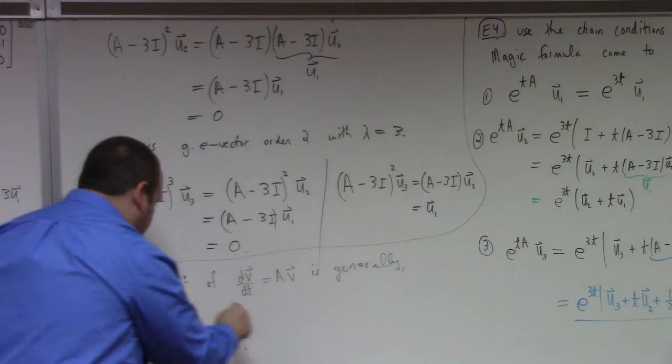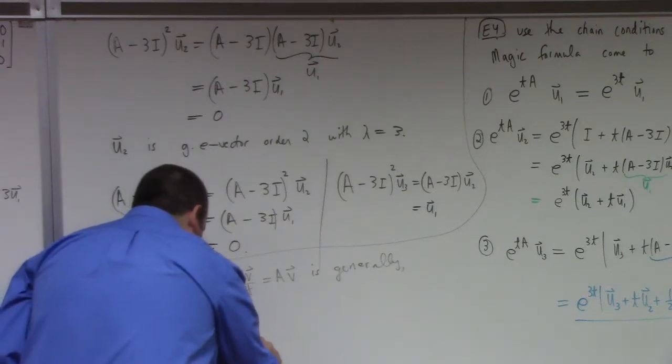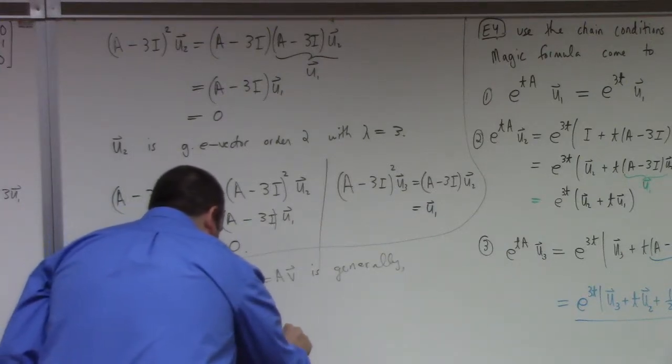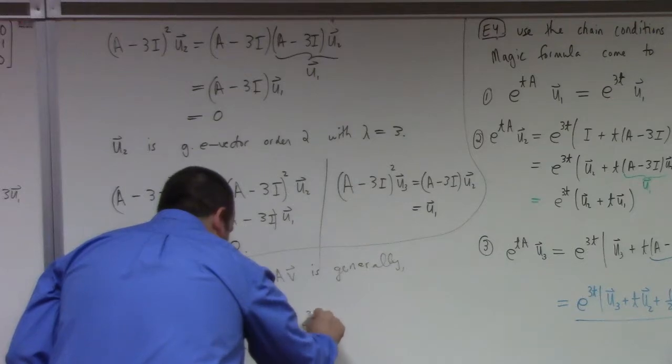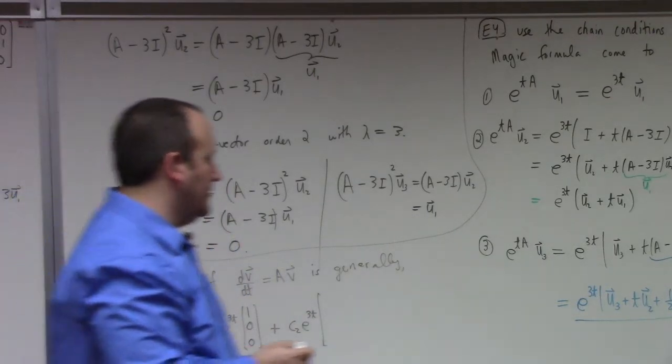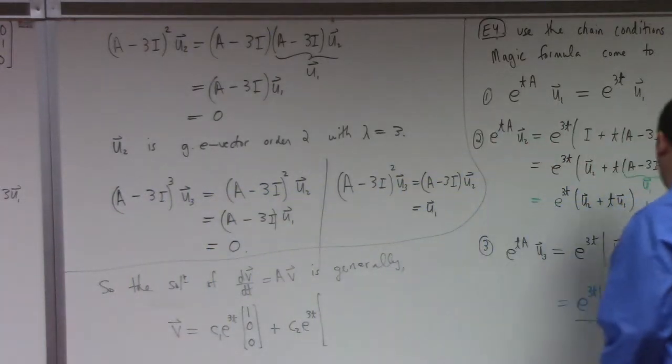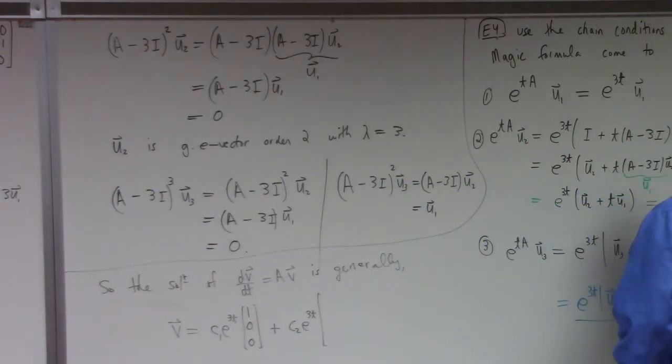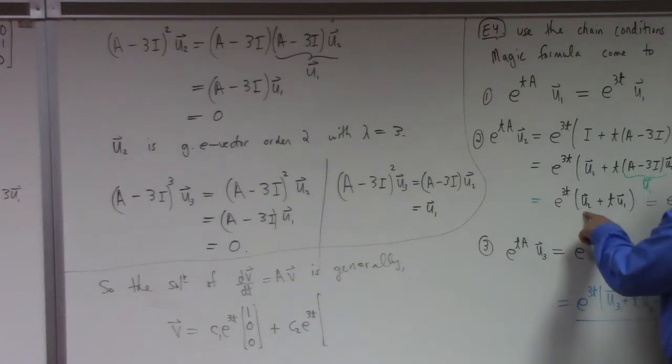In this case, u1 was (1, 0, 0), plus c2 e^(3t) times what? What is this actually? This is e^(3t) times (t, 1, 0), I think.